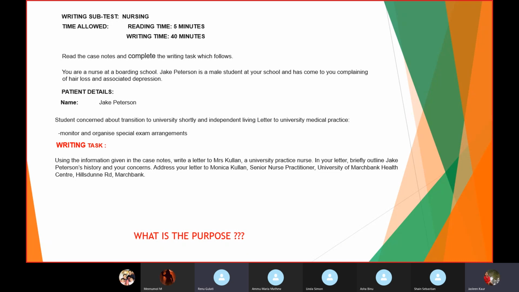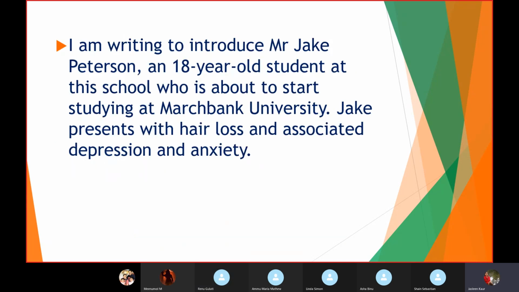Okay, let me show you an example. This is actually the same example given by OET as well. The 18-year-old student at this school, you don't need to write if you have already written it in the first part of the letter where you have written the salutation. After the salutation, you write the name and age of the patient.